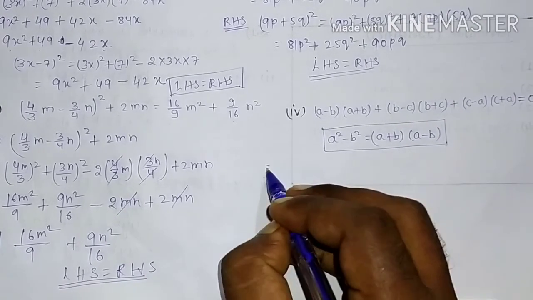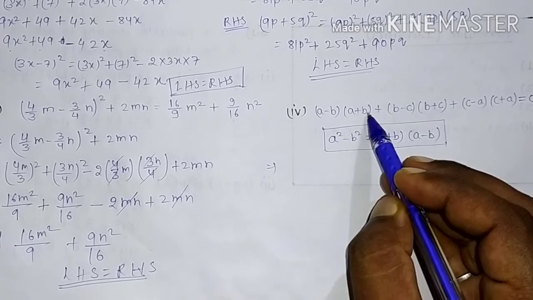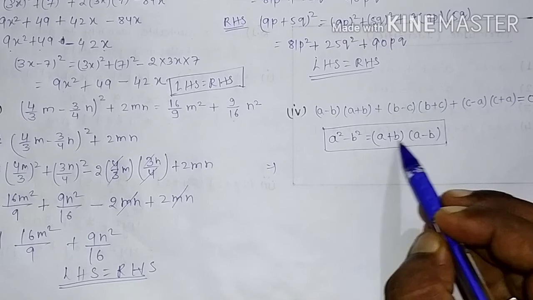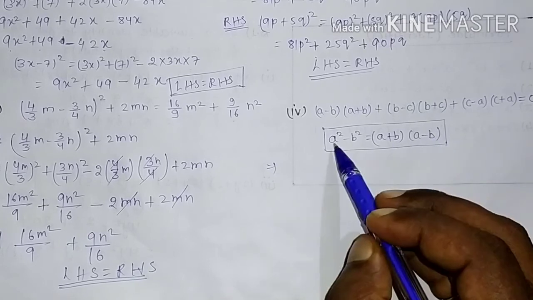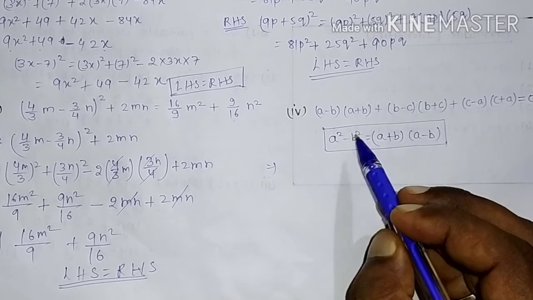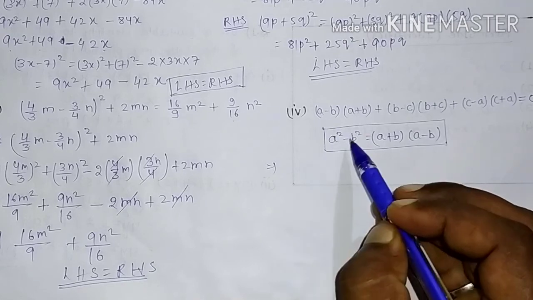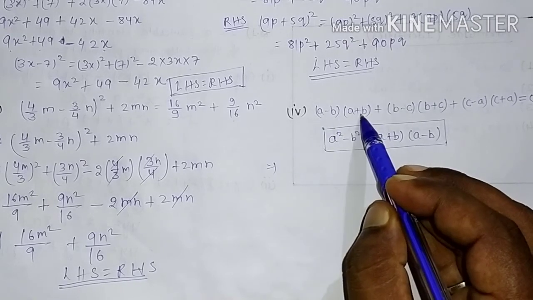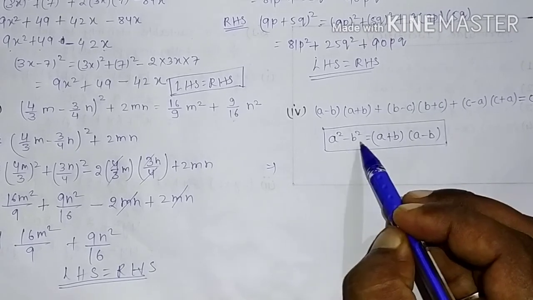So let's see (A minus B)(A plus B). This expression is in this form, (A plus B)(A minus B). The formula will be A square minus B square. So simply we can write A square minus B square at this place. (A minus B)(A plus B) equals A square minus B square.